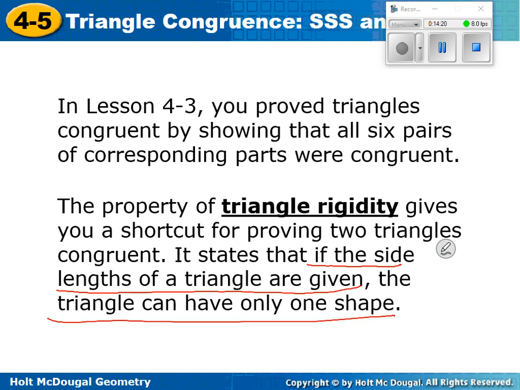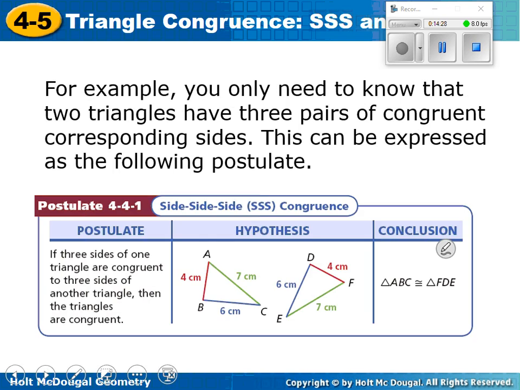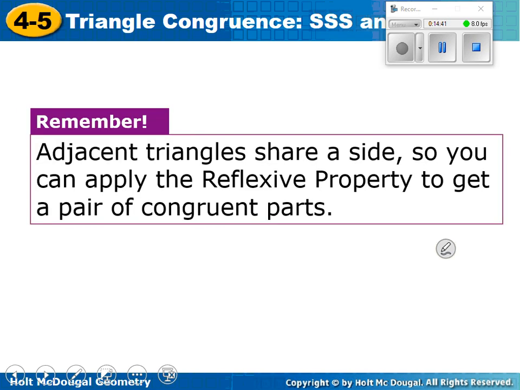If you have 3 sides congruent to 3 sides, there's only one possible shape that can be made, and that is that specific triangle. Using that triangle rigidity concept, we have our first shortcut, side, side, side, and we can just put SSS, okay? And I've already talked about it over here, so I'm just going to go through it pretty quickly over here on the notes.